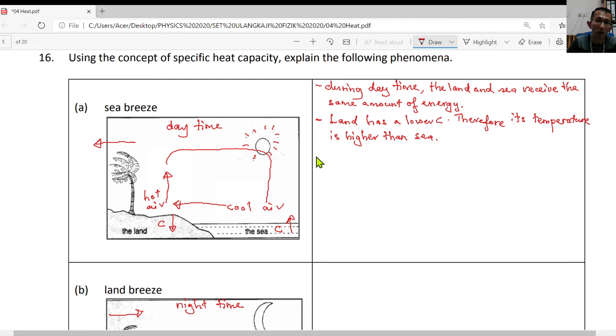That's point number two. And then we move on to point number three: the air above the land becomes hotter.